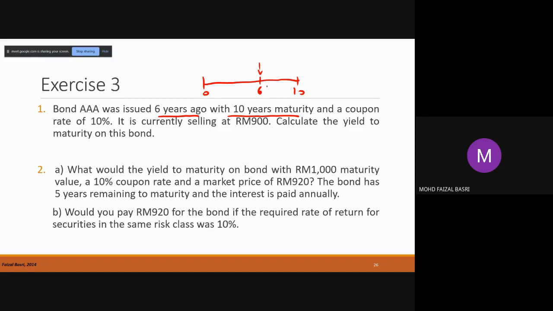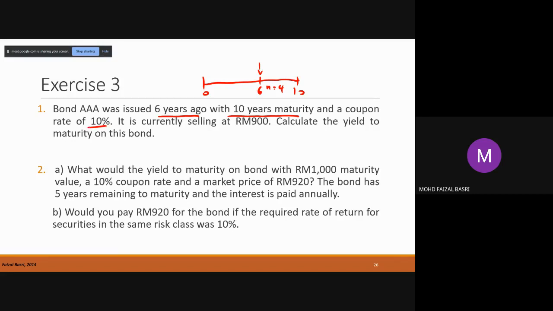So to find N, the difference is only 4 years. Don't use 10 years and don't use 6 years, that would be wrong. The years left to maturity from year 6 until year 10 is just 4 years. So the N is equivalent to 4.